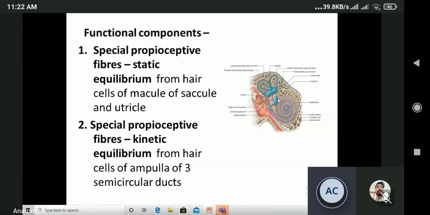For kinetic equilibrium, they lie within the hair cells of the ampulla of the three semicircular ducts. So within these lie the receptors for the kinetic equilibrium, and within the saccule and utricle lie the receptors for the static equilibrium. These are mainly the functional components of the vestibular nerve.